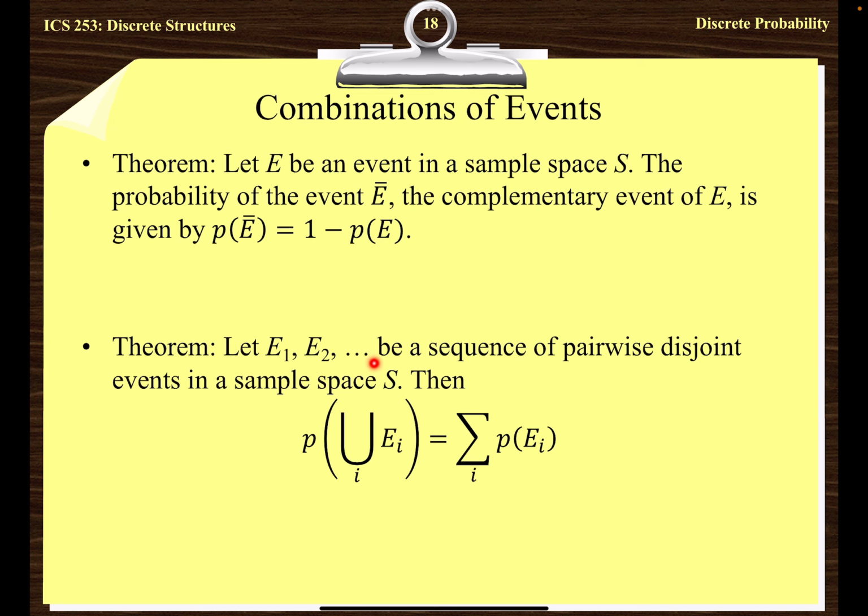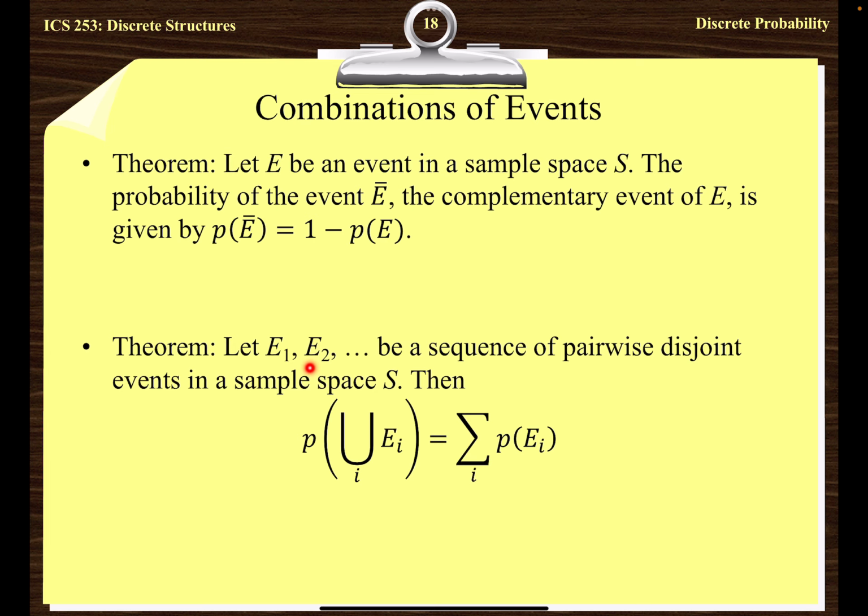طيب. Look at the other theorem. Let E1, E2, etc. be a sequence of pairwise disjoint events. This points to the fact that it is possible that I have an infinite list of subsets, صح? Now, if I choose any 2 sets, let's say Ei and Ej, where i is not equal to j, then Ei intersection Ej is empty.